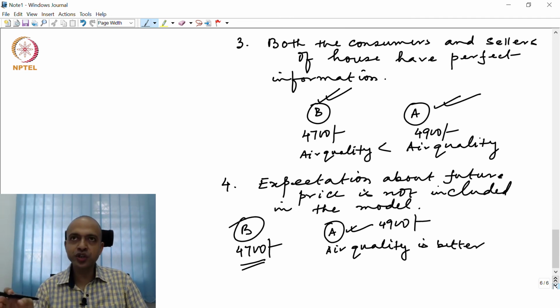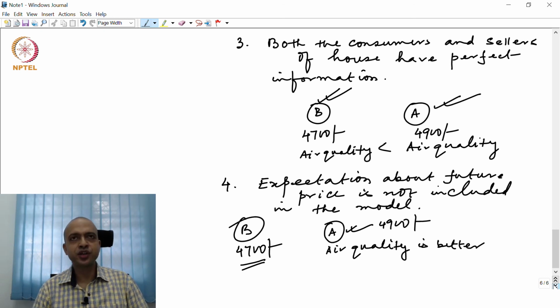Many a time consumers, even though they like better environmental quality, still buy a house in an area with not so good environmental quality because they don't know that the same type of house is available in a better environment at a slightly higher price. And lastly, housing expenditure is not like any other expenditure that we make in our day-to-day life.